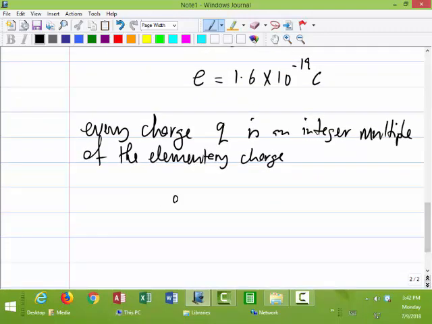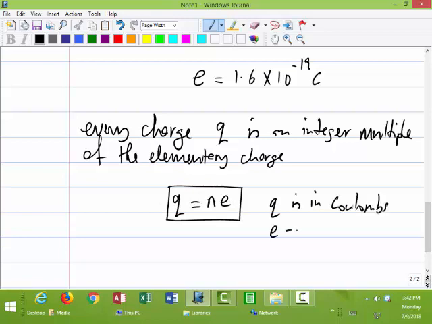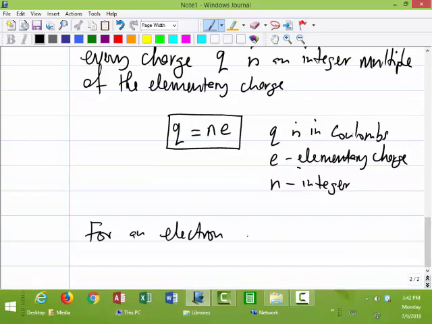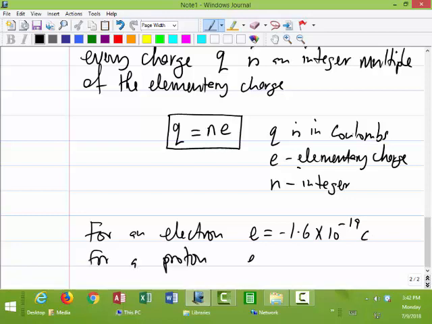So we can write that Q is equal to n e, where Q is in coulombs, e is the elementary charge, and n is an integer. For an electron, e is equal to minus 1.6 times 10 to the negative 19 coulombs, and for a proton, e is equal to 1.6 times 10 to the negative 19 coulombs.